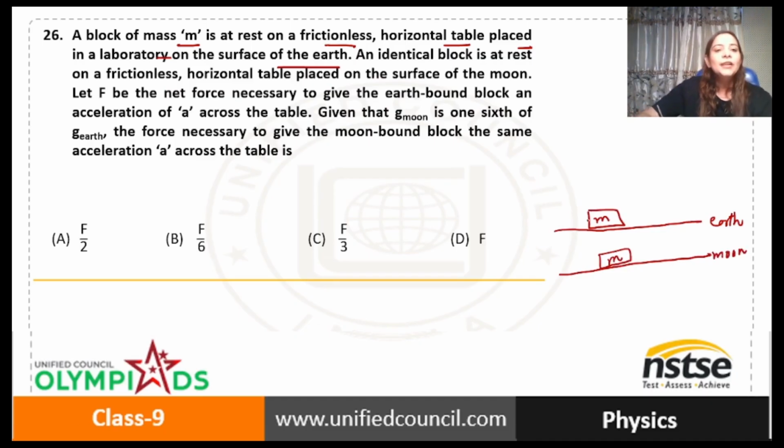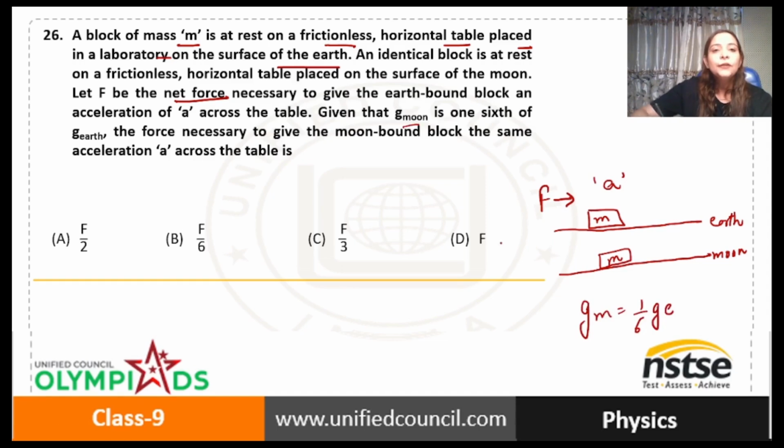Okay, so let F be the net force necessary to give the earth-bound block an acceleration A. So let's say if we provide force F, it gives the block an acceleration A on the surface of earth. We know that g of moon is 1/6 of earth.